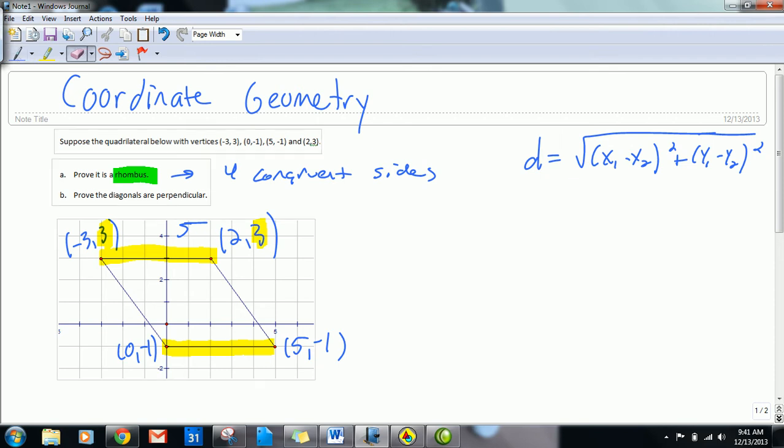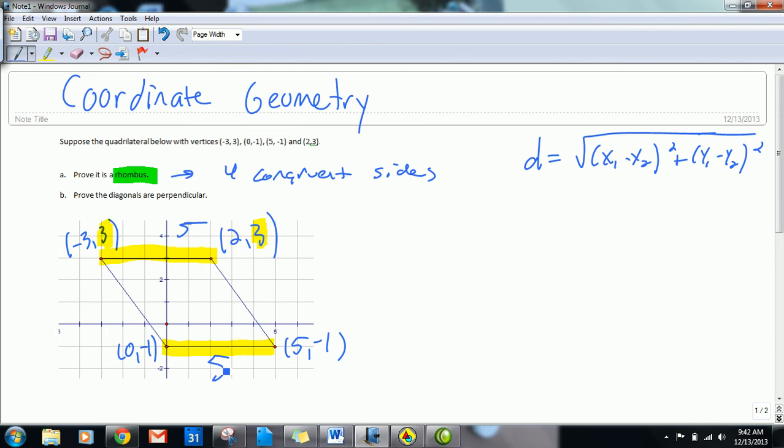How about the distance of the bottom, the base? Again, they have the same y value, -1 and -1, so it's the same as finding the distance between 2 points on a horizontal number line. How far is it between the x's from 0 to 5? Or you can just count: 1, 2, 3, 4, 5. Either way, you get 5.